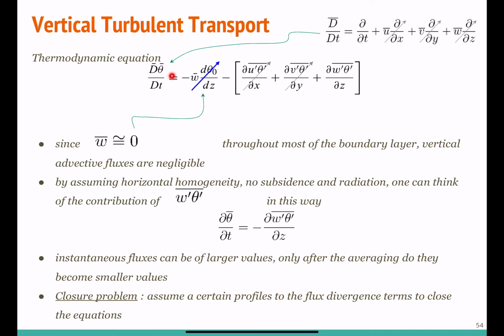Because we are crossing out these three, all we have left is the local change over time, this one. And then we have crossed out these three, and all we have left is this one, so I'm putting this on this side.